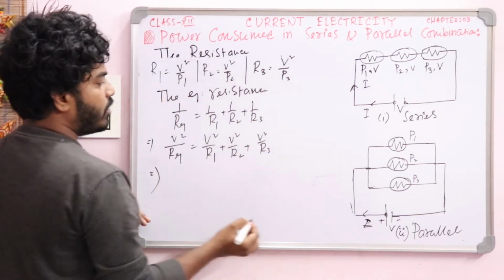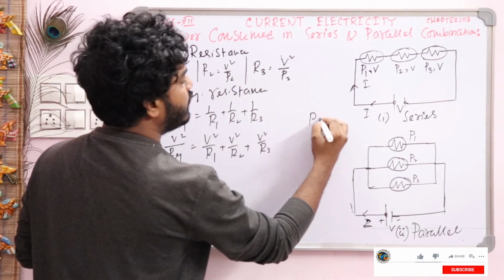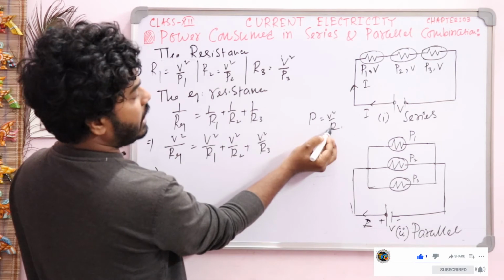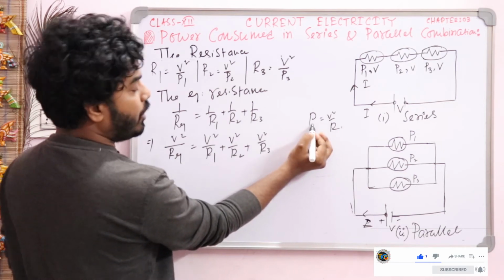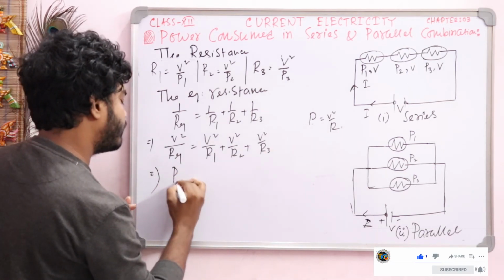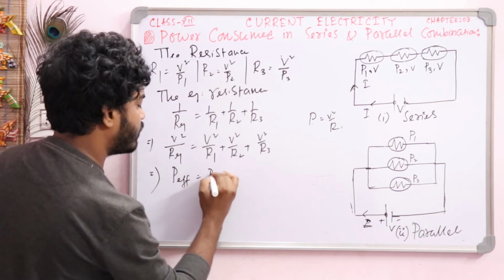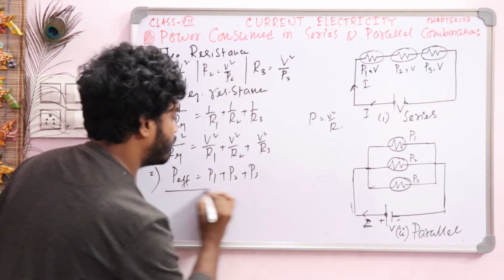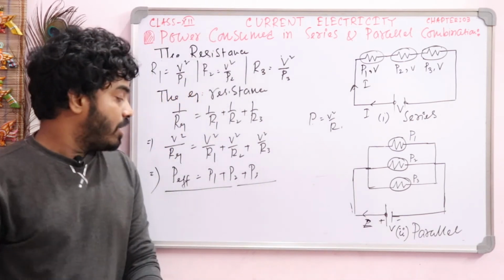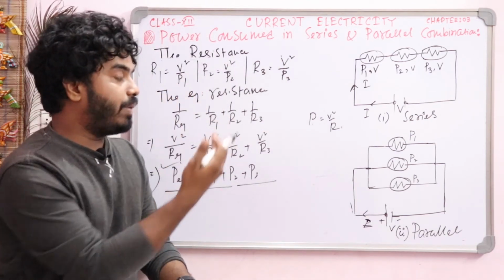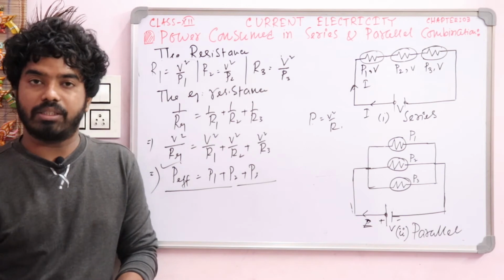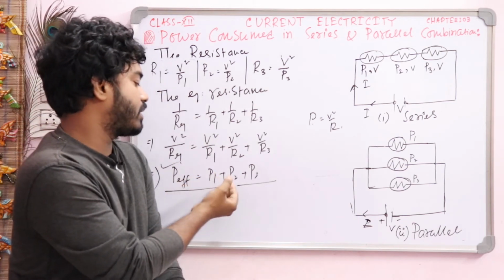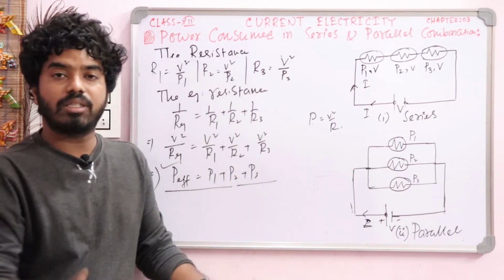Now we know P is equal to V square by R, so V square by R equivalent is obviously P equivalent, or you can say P effective. So P effective is equal to P1 plus P2 plus P3. This is our effective power when the electric appliances are connected in parallel, and the effective power is equal to the summation of the power of the individual appliances.